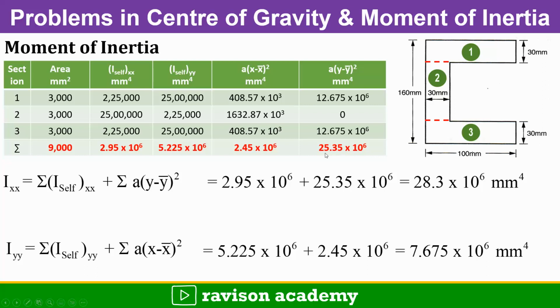We get 28.3 into 10 power 6 mm power 4. Similarly for Iyy, summation Iyy plus summation a into x minus x bar the whole square. The summation from the table is 5.225 into 10 power 6, plus the a into x minus x bar the whole square sum of 2.45 into 10 power 6. On adding, we get 7.675 into 10 power 6 mm power 4.